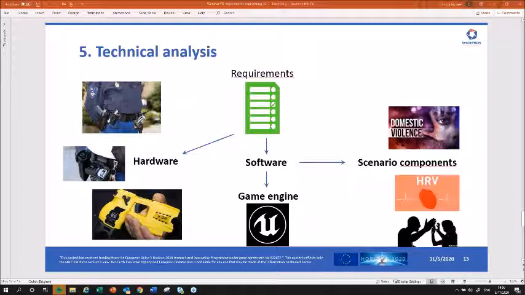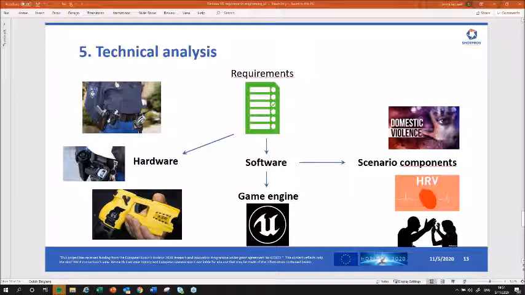So what we will do is, okay, we will look at your requirements and we pick them apart. So we, with the software developers and hardware developers, we will sit down and go through the list of requirements, and then we will look at what can we already do, and what do we need to develop.